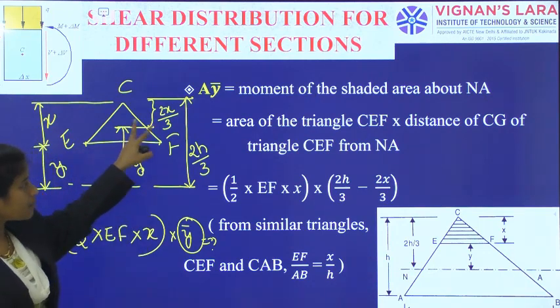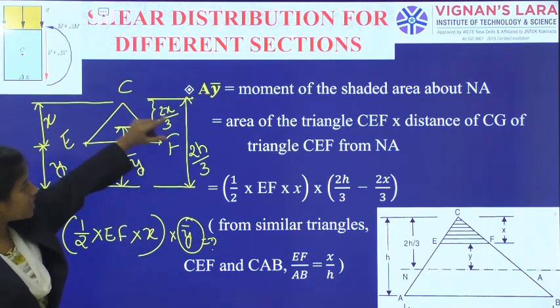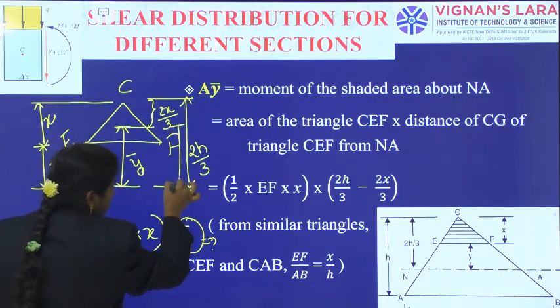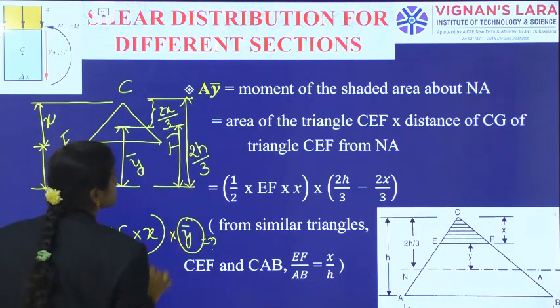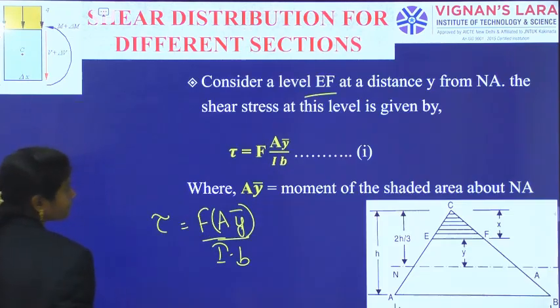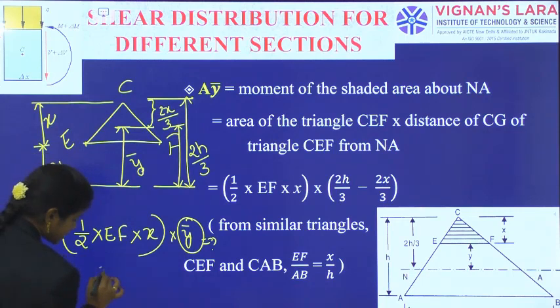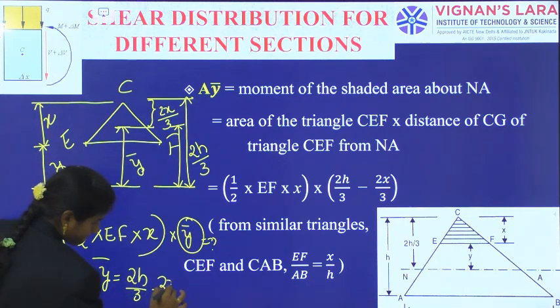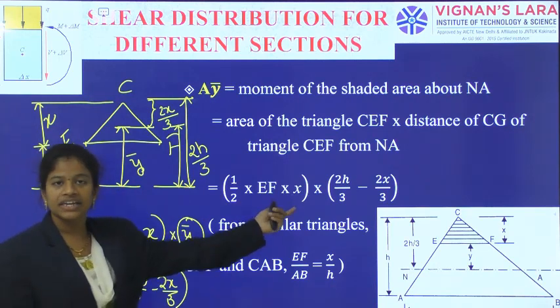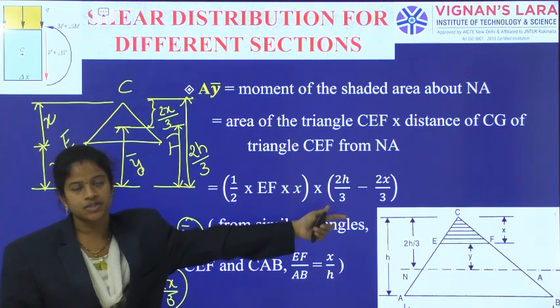So that formula only inverted. So 2h by 3, this is 2x by 3. What I need to know is from this to this, how much is left. So total of 2h by 3 minus 2x by 3, that is y bar. So half EF into x, 2h by 3 minus 2x by 3.